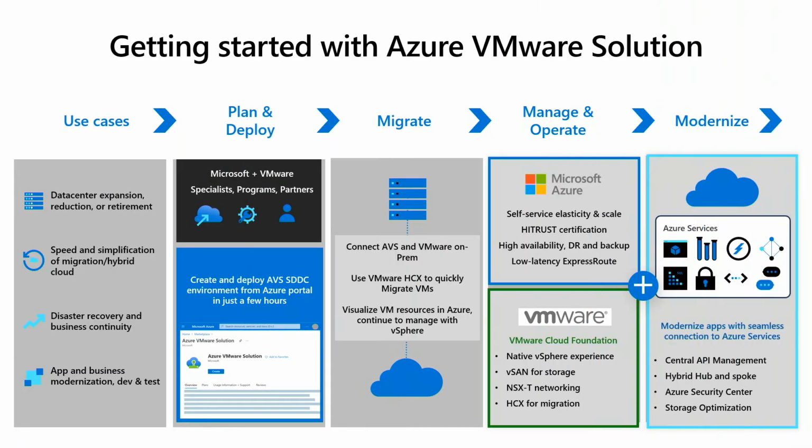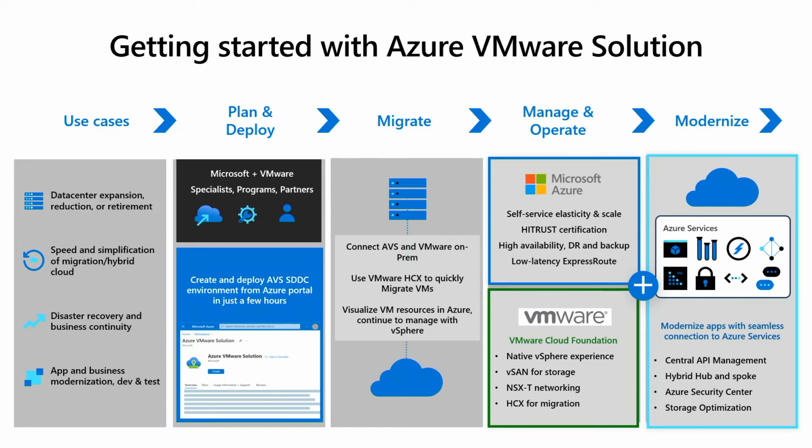And once customers have shifted their VMware workloads to AVS, they can then begin to modernize them with a seamless connection to other Azure services. Integration with Azure management, security, storage, networking, and backup helps customers optimize those workloads, create cost efficiencies, and simplify the operations of some of their applications moving to the cloud while taking advantage of the fact that their VM workloads are now running in Azure.